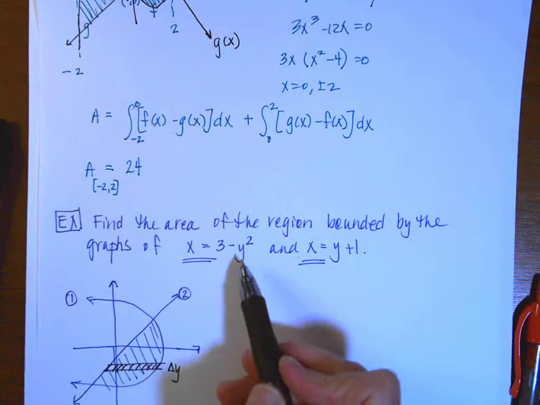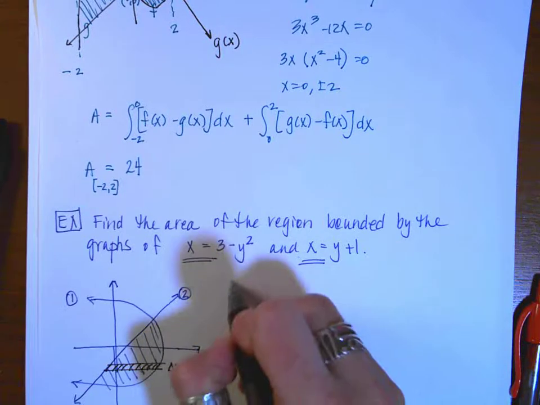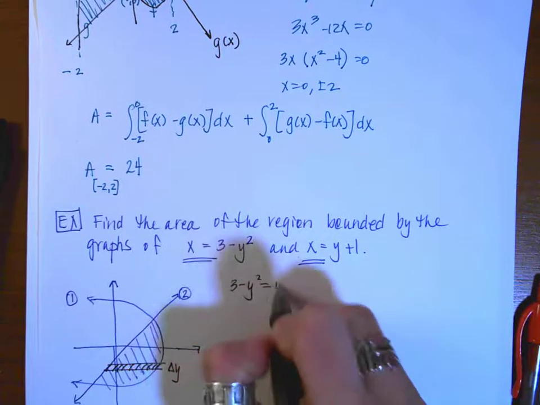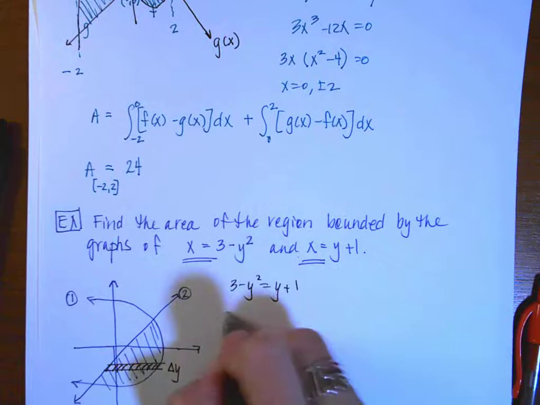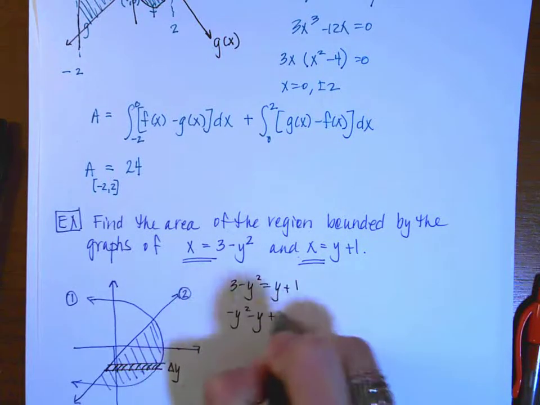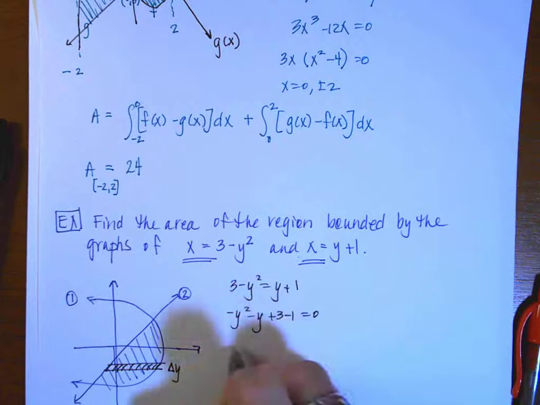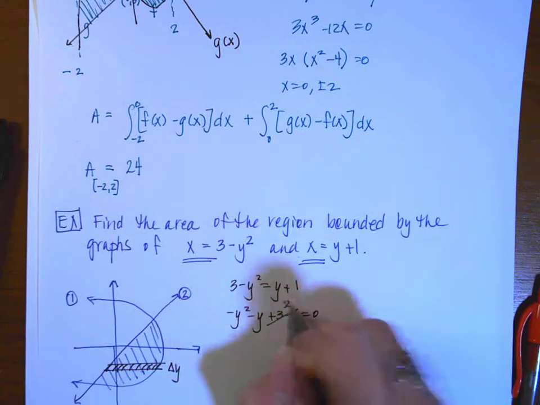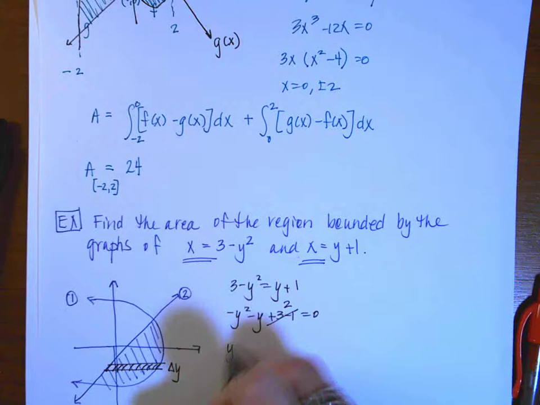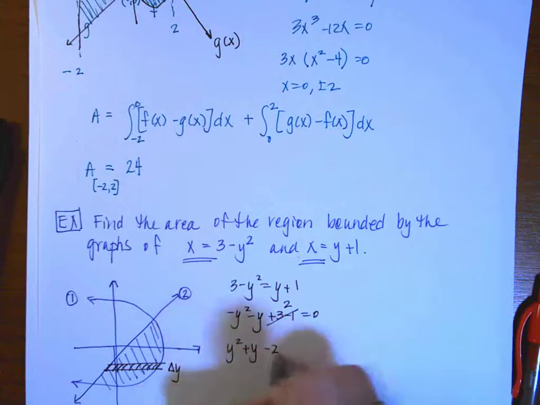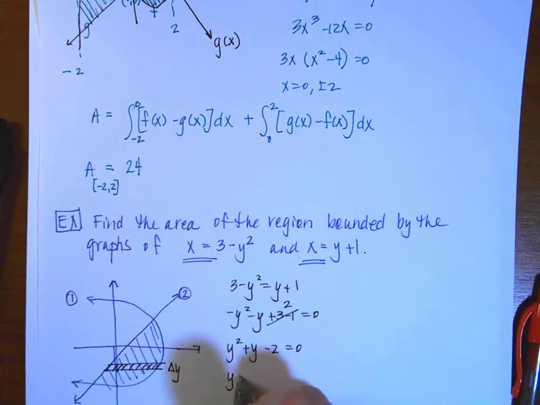So I set these two equations equal: 3 minus y squared equals y plus 1, so I get negative y squared minus y plus 3 minus 1 equals 0. This is 2, and I'm going to take out the negative, so y squared plus y minus 2 is 0, so (y plus 2)(y minus 1). And so I get y is equal to 1 and negative 2.